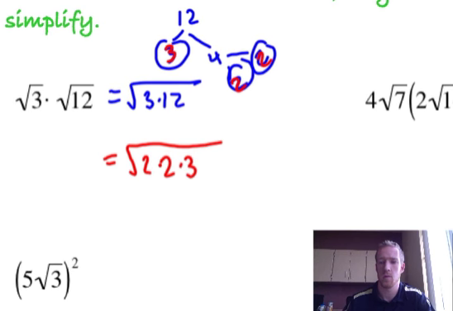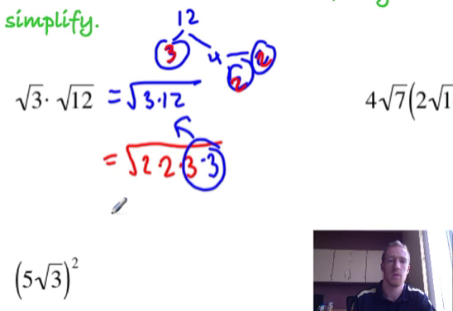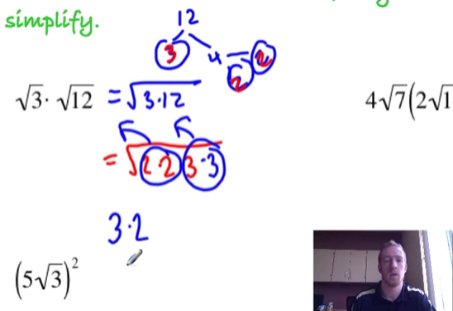That's from the 12. So 12 is equal to 2 times 2 times 3, and then this 3 is still there. So now I circle my pairs, take 1 out, take 1, 2 out, and that gives me a 6. So what am I left with underneath? Well, that simplifies really to the square root of 1, or it simplifies completely away.